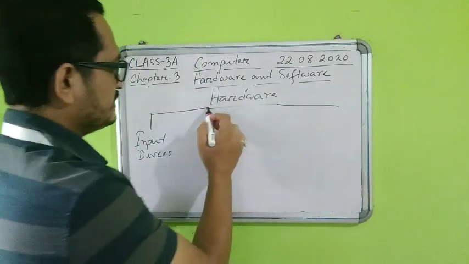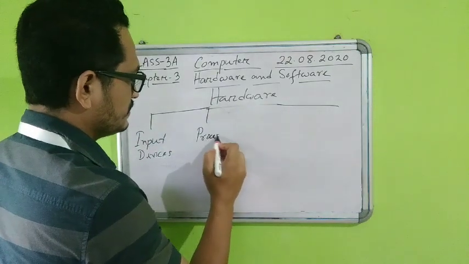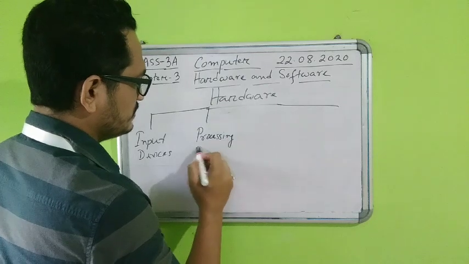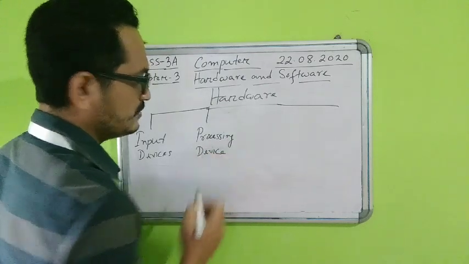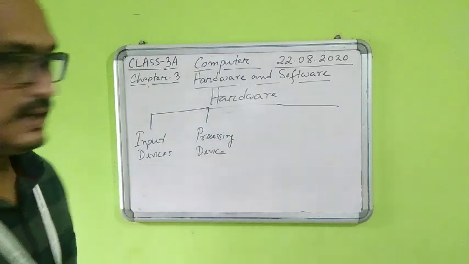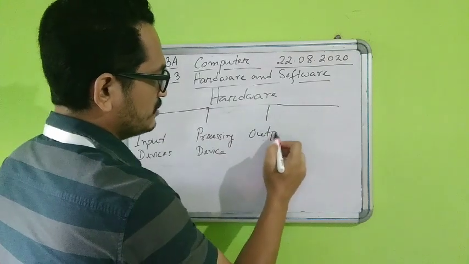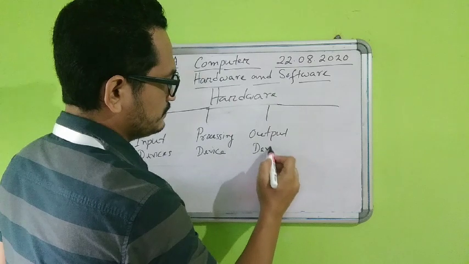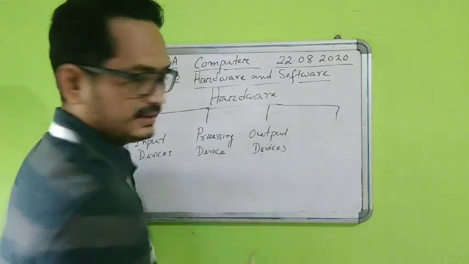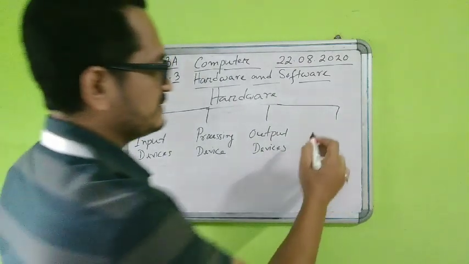Second is the processing device. Third one is the output devices. So you can see here IPO is coming. And the last one is the storage devices.